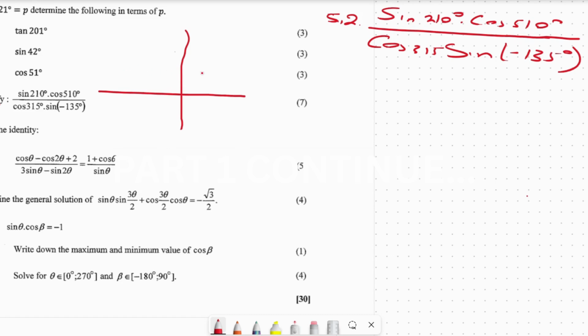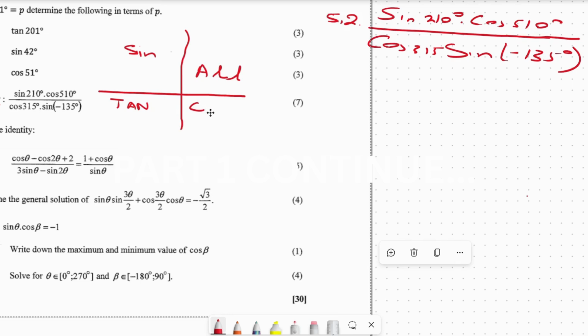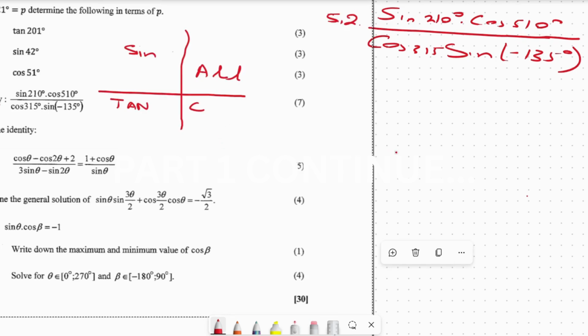Remember the reduction formulas: in quadrant 1, all of them are positive. In quadrant 2, only sine is positive. In quadrant 3, only tan is positive. And cos is only positive in quadrant 4.